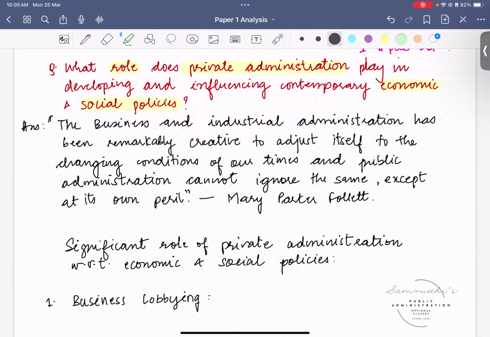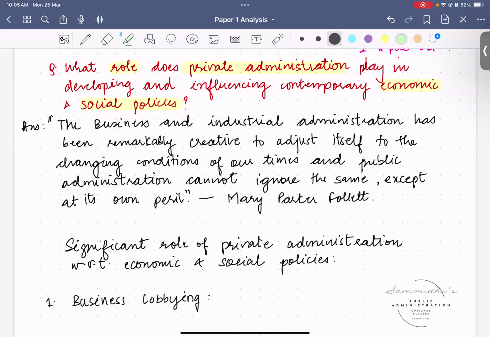Now, to begin with, the introduction could be anything. I personally sometimes like to use quotes from the thinkers that are there in public administration or anywhere. That will substantiate your point as to what you're going to deal with in the further part of your answer.